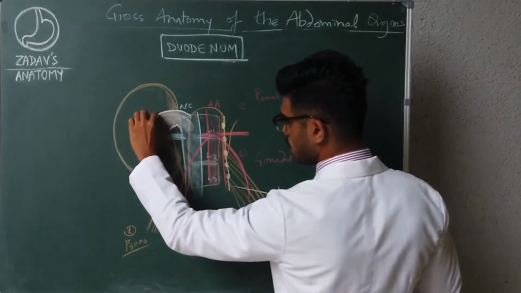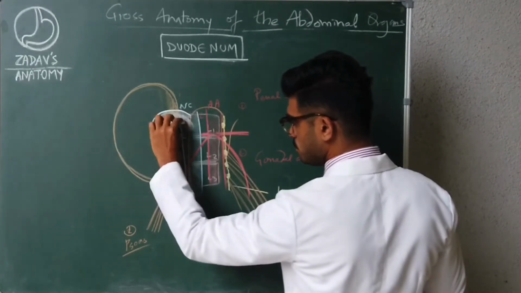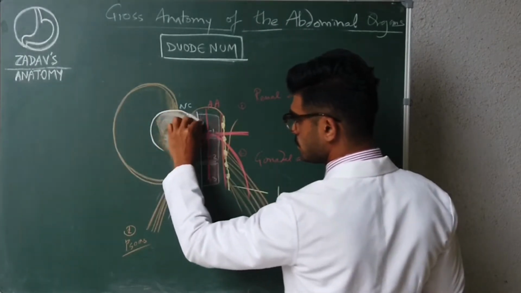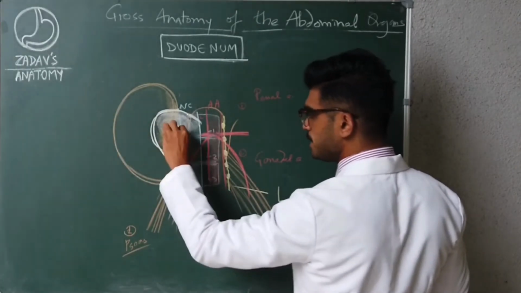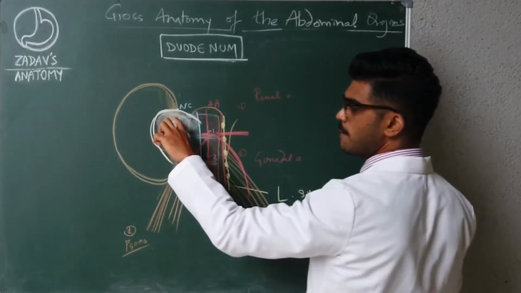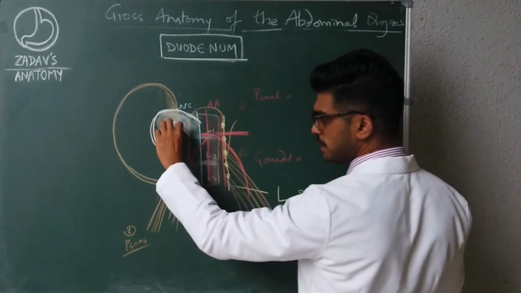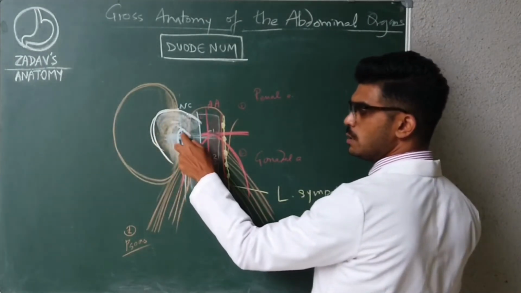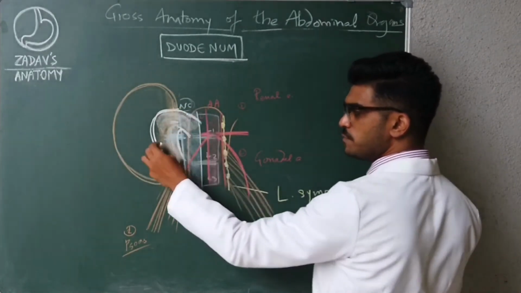Then please observe that the second part of the duodenum is closely related posteriorly to the medial border of the right kidney. Anterior aspect of the medial border of the right kidney, and also to the right edge of the inferior vena cava. Can you see that? Right edge of the inferior vena cava.